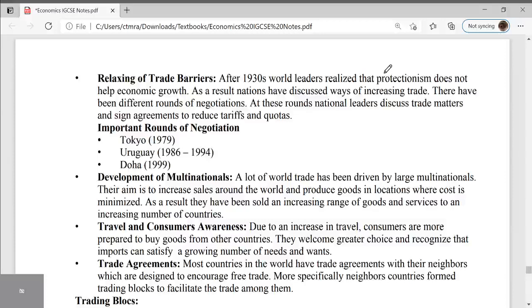One of the main reasons was to come up with ideas that will lead to more trade, or relaxing of the barriers. Okay. So the same thing happened in Uruguay and Doha. Okay. And these rounds are continuously taking place, and this leads to increased trade.